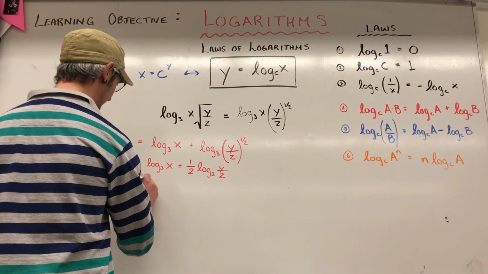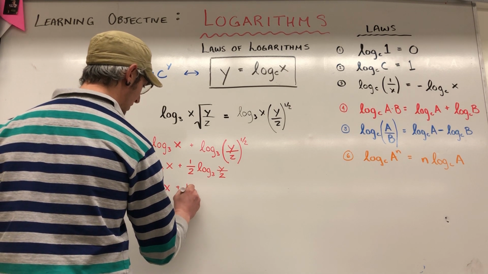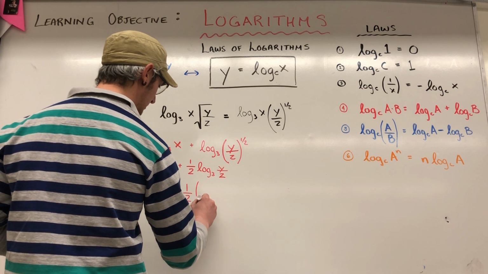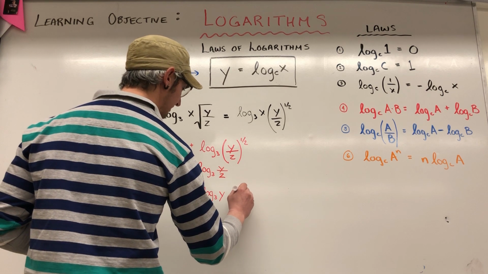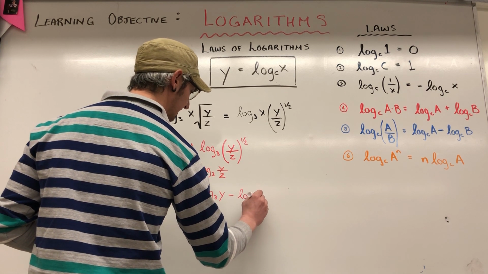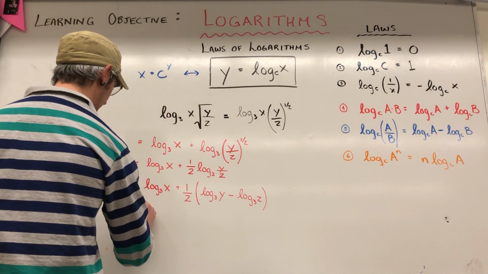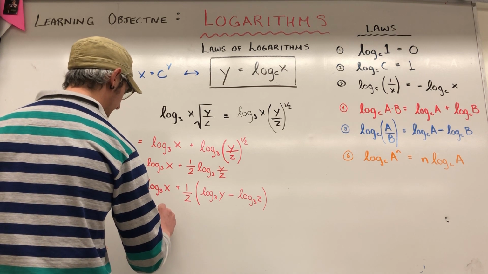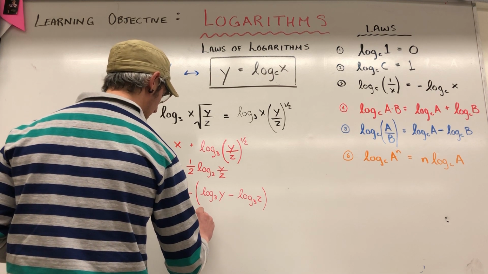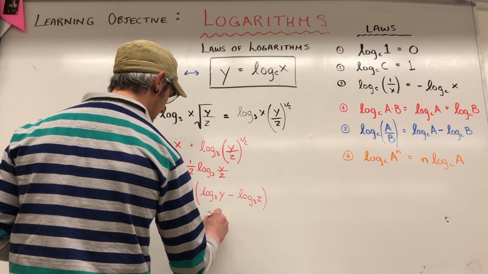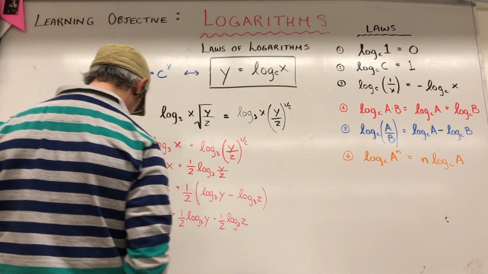So I get log base 3 of x plus 1/2 log base 3 of y minus log base 3 of z. Then I can distribute that, and my final answer is log base 3 of x plus 1/2 log base 3 of y minus 1/2 log base 3 of z.